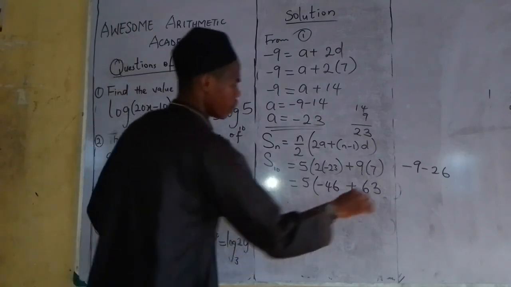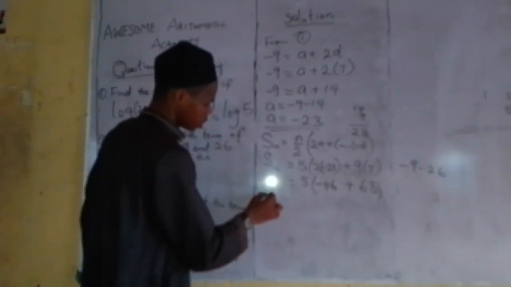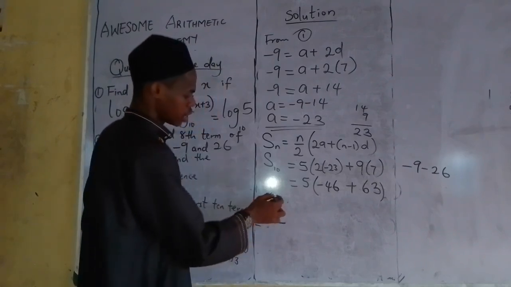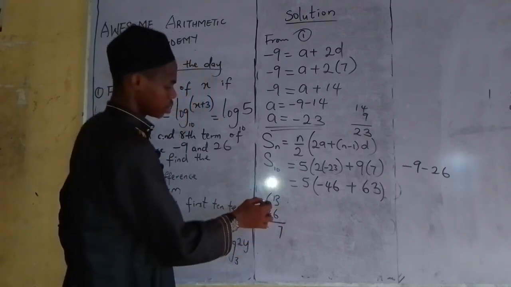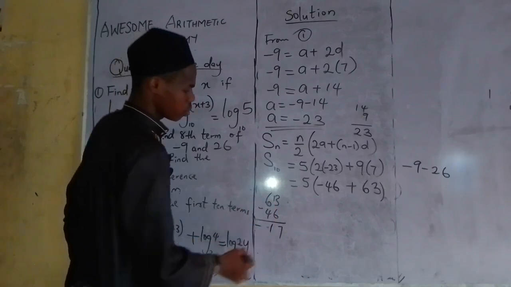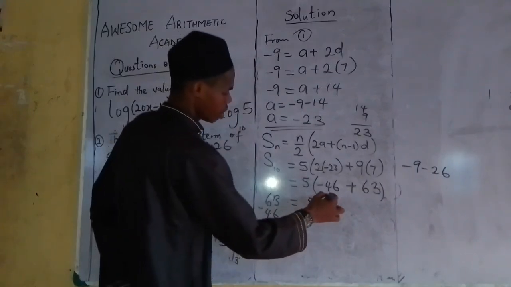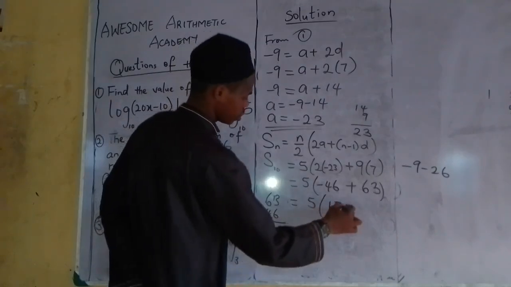So minus 46 plus 63 is the same thing as 63 minus 46. So if you want to do this, 13 minus 6 is what? 7. Then 5 minus 4 is what? 1, right? So this means I'm having 5 in bracket 17.